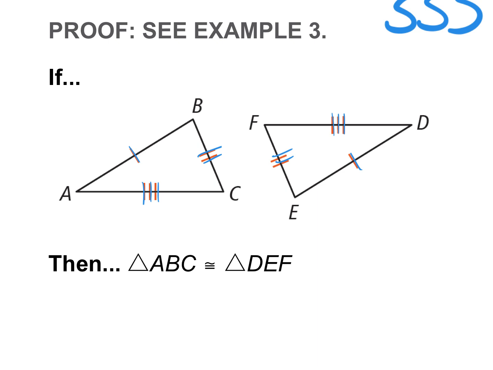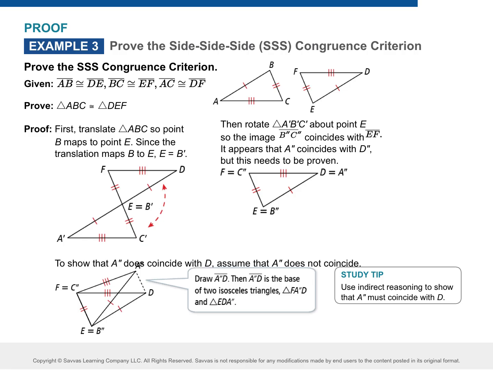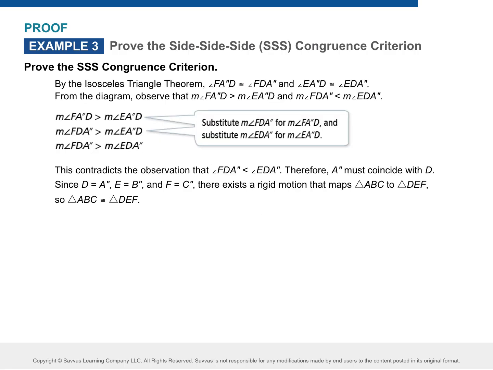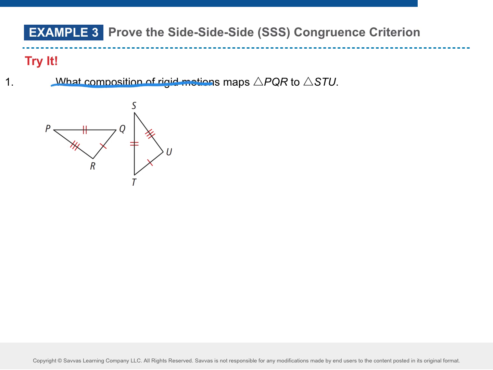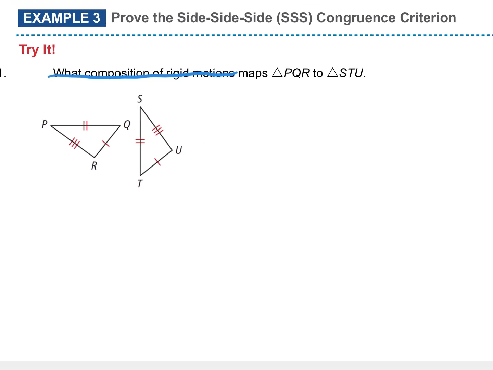Looking at example 3, don't pay attention to the rigid motion part, but do these two triangles satisfy side, side, side? They do. I want to ask you why. Why do those satisfy side, side, side? You got it.